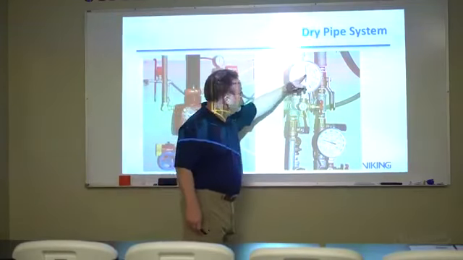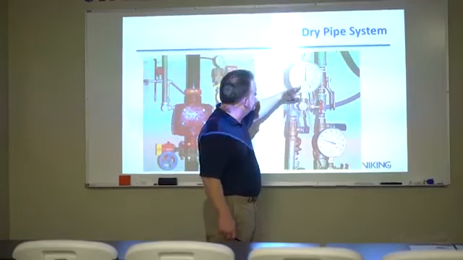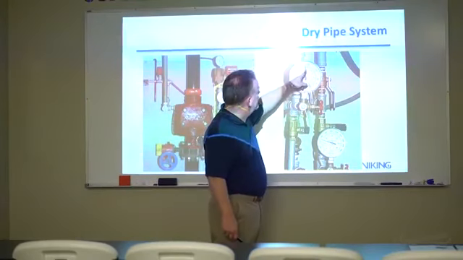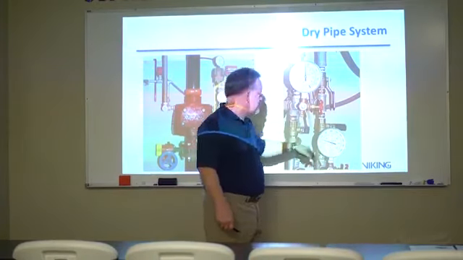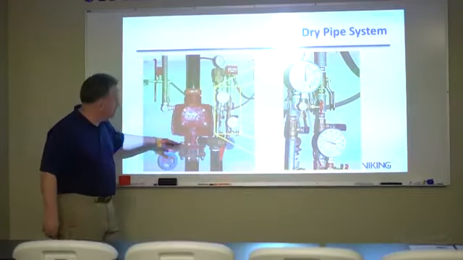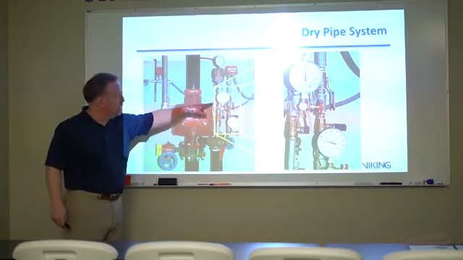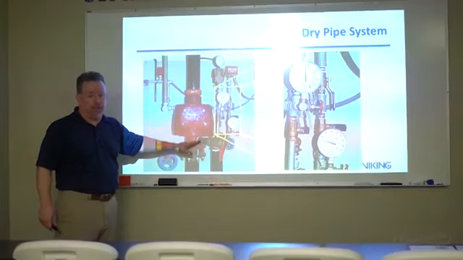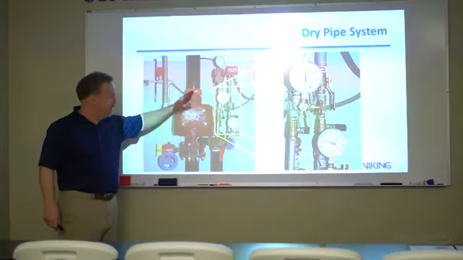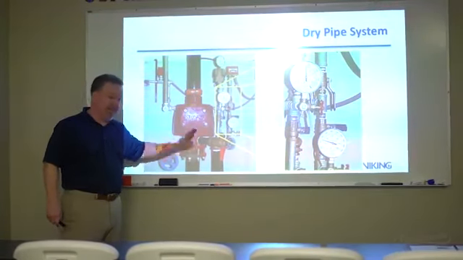In this case, it looks like about 40 psi up above. It's hard to tell what we've got down below. But what we should be seeing is the air pressure being lower than the water pressure coming up from below, and the ratio depends on the type of valve.